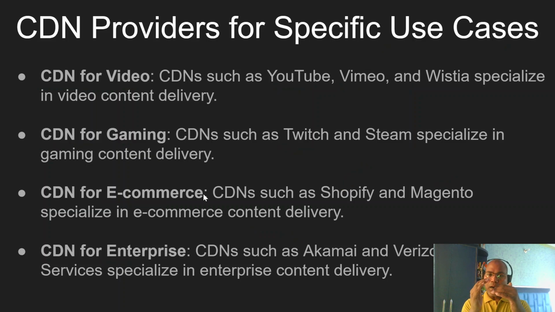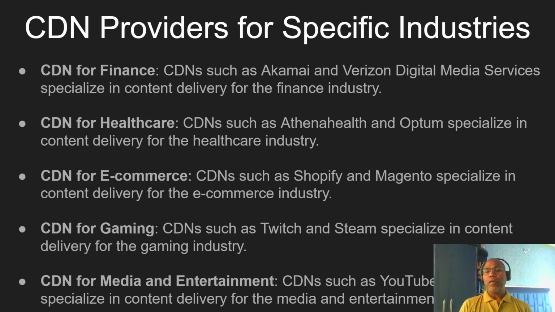So depending on your use cases, you have to select your CDN provider. Even for specific industries, let's say you are building an application for a specific industry, we have specific servers. Let's say we are building a finance domain application, you can find CDN servers for finance.